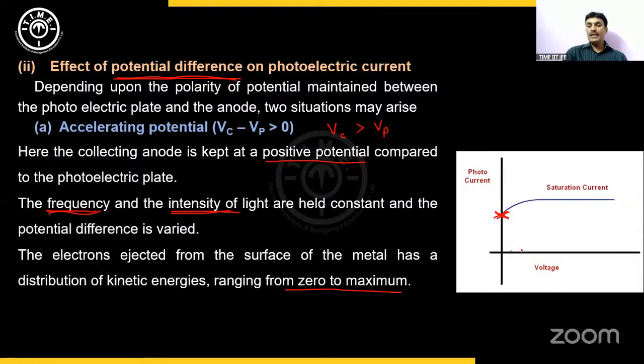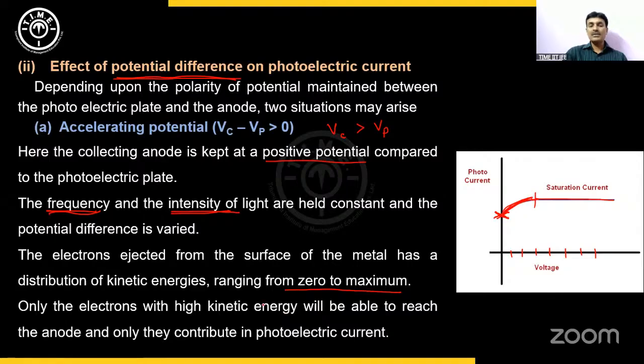Now, if you increase the potential of the anode, it acts as accelerating potential and attracts the other electrons also. So there is an increase in the current. After a certain potential, there is no further increase in current. This is because all the electrons are collected by the anode. There are no more electrons left that are released from the metal surface.